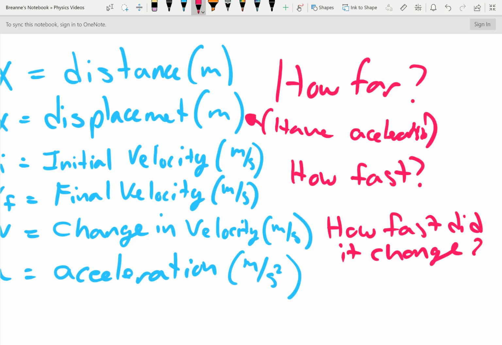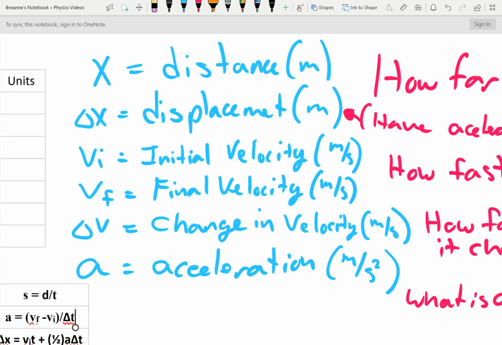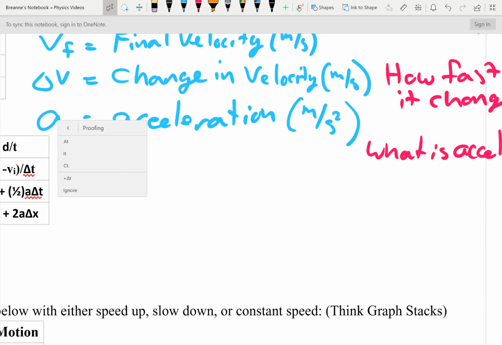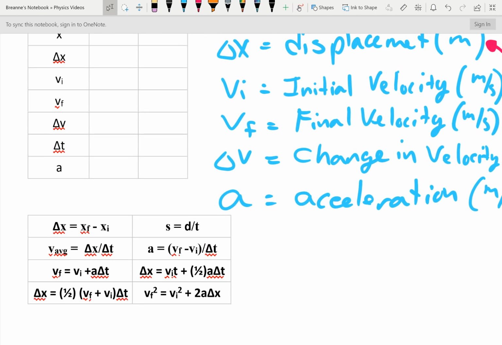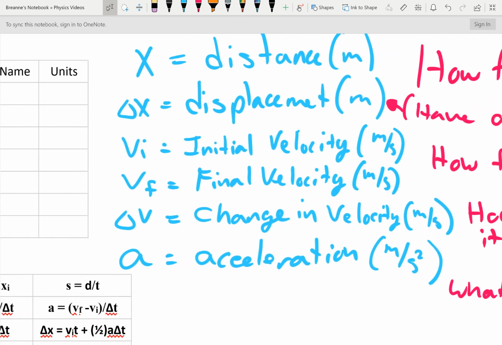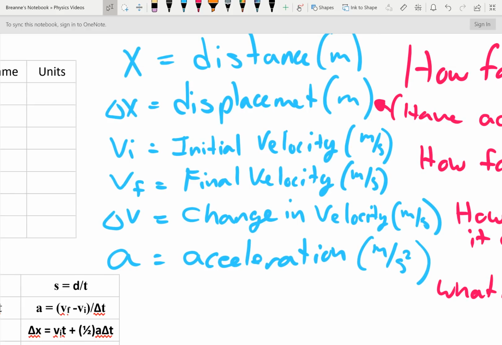And if you're looking for acceleration, it'll flat out ask you, what is acceleration? So you have your distance, displacement, initial velocity, final velocity, change of velocity, and acceleration.